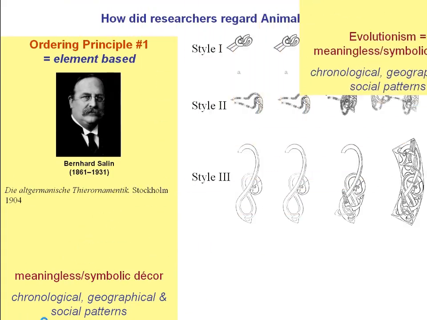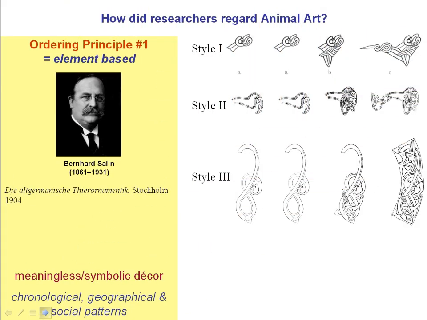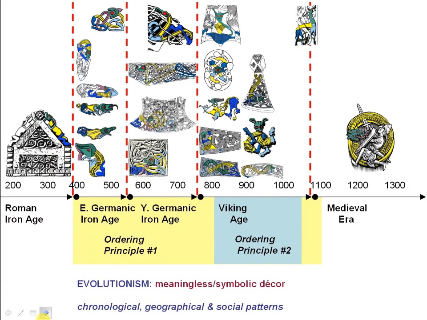The last style is known as style 3 and consists of the pasta-shaped beasts that are totally disintegrating and that we have been looking thoroughly on earlier today. These beasts we do know today are actually dating through the very beginning of the Viking Age.